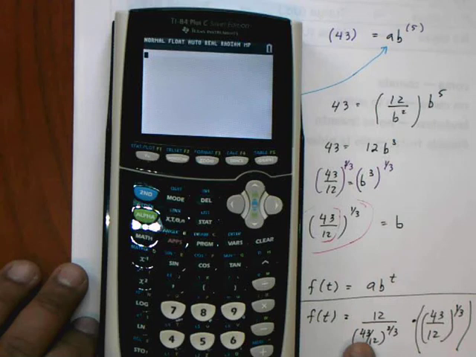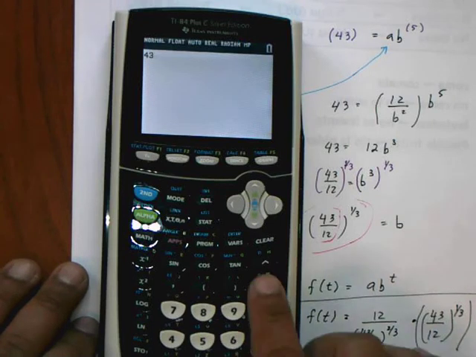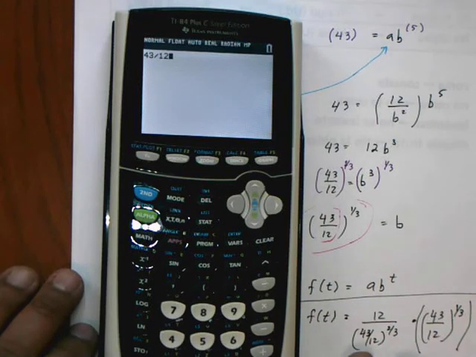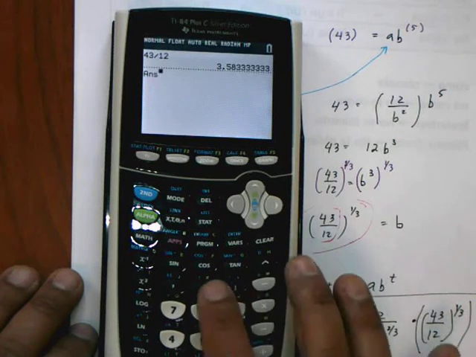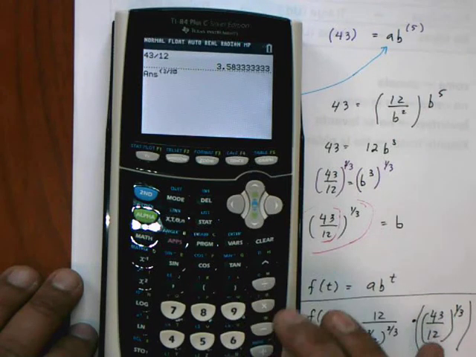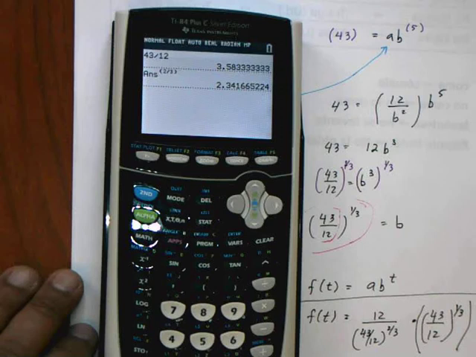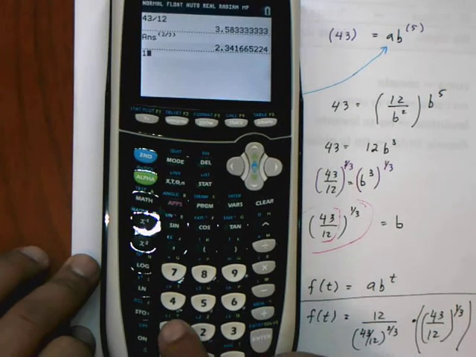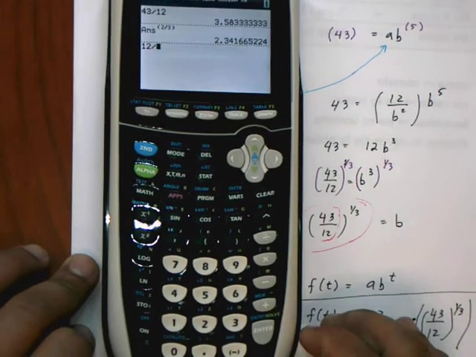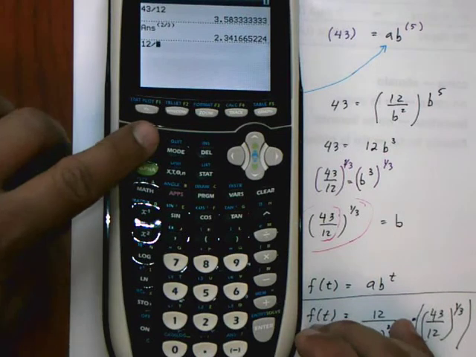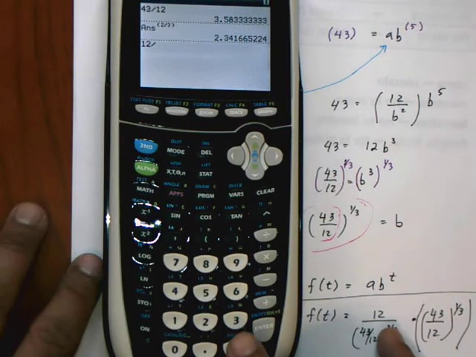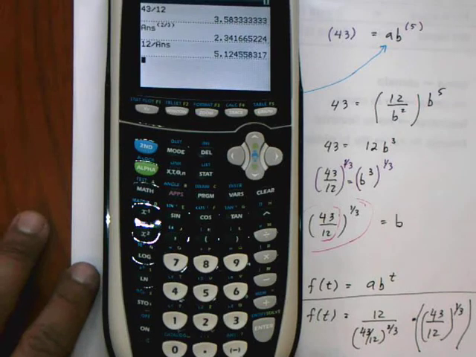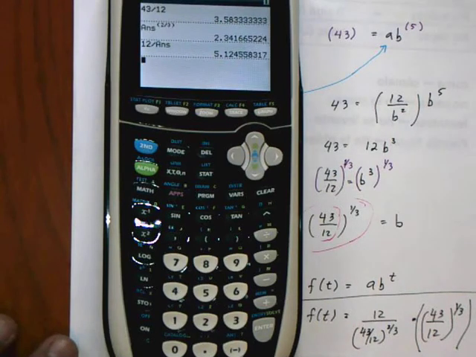So I'm going to do 43 over 12, and I just want to start with the simplest parts here: 43 over 12 raised to the 2/3. And then 12 divided by that. So you're going to go 12 divided by the answer, which is second, and then the negative sign. 12 divided by that.